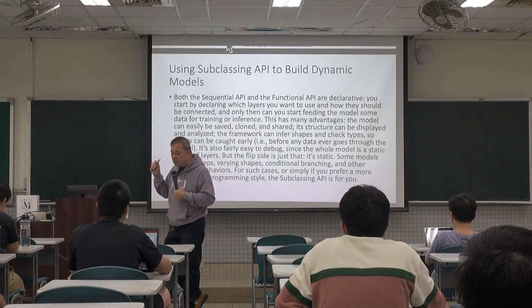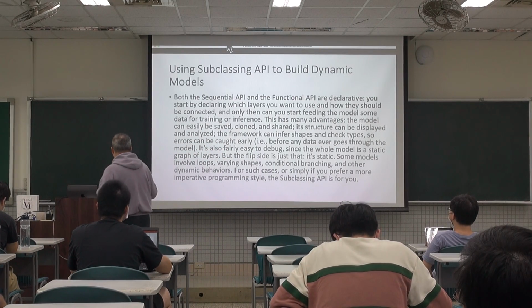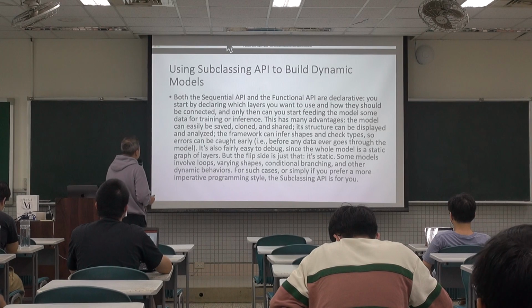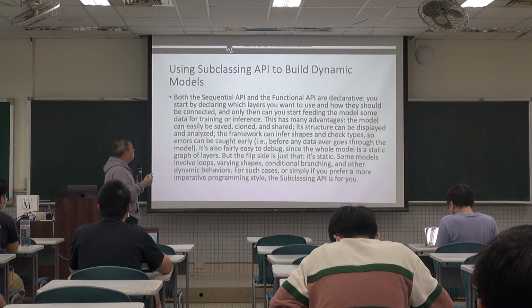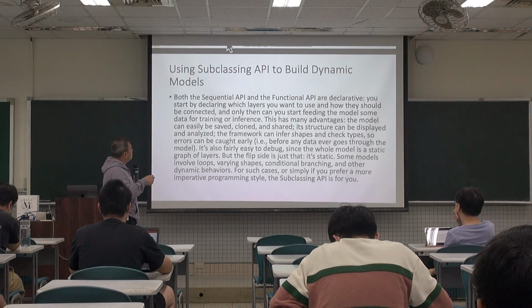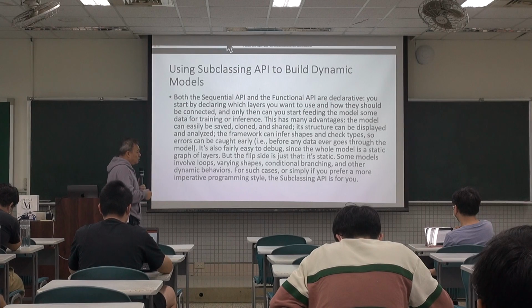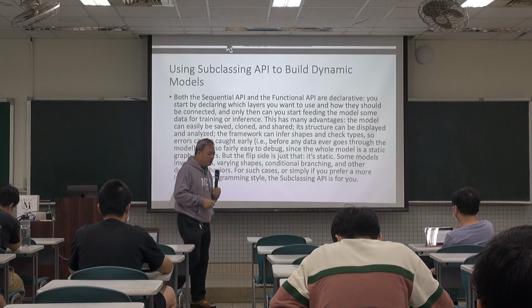Why do we need a third one? The third type of model construction, the subclassing API, is used to build what we call dynamic models. What do we mean by dynamic model?